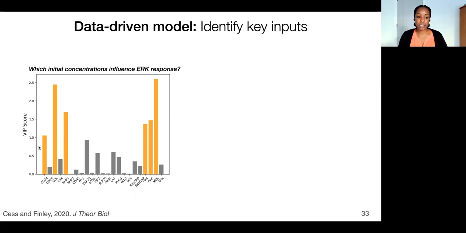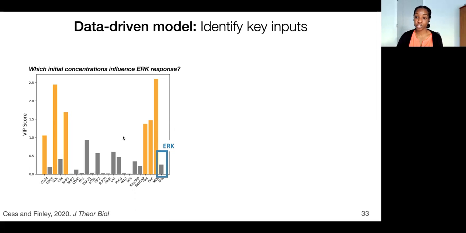And we see that it includes CD3 zeta, it includes the phosphatase SHP1, and then also some species in the MAPK signaling pathway. Something that's not shown to strongly influence the final ERK response level is the initial starting concentration of ERK. So it really doesn't matter how much ERK the cells start out with. That's not going to influence whether they will go to a high phosphorylation state or a low phosphorylation state.